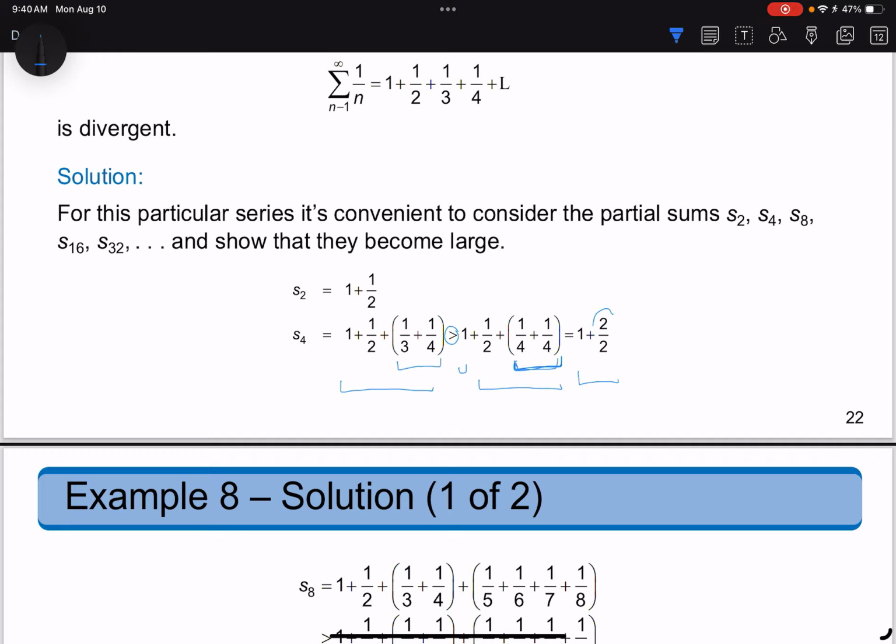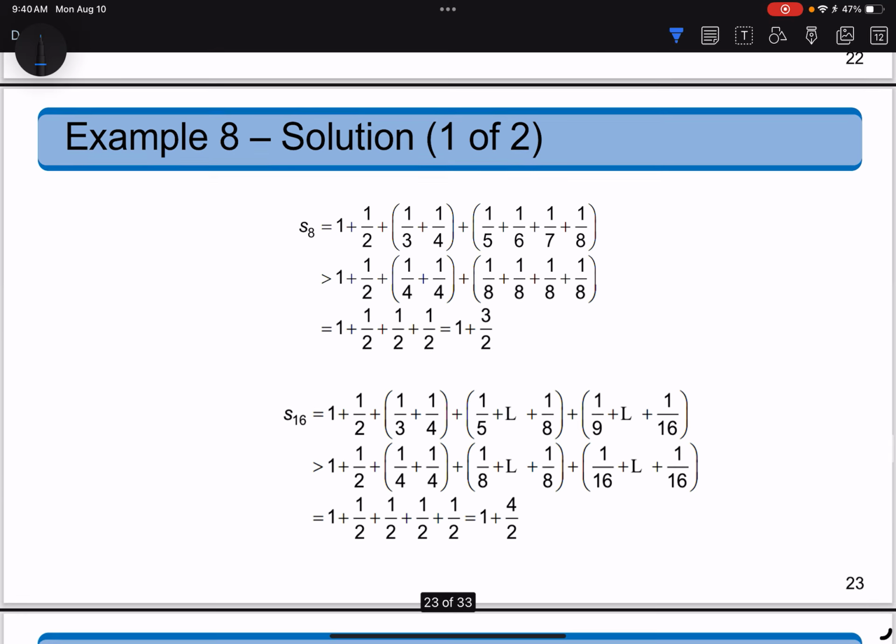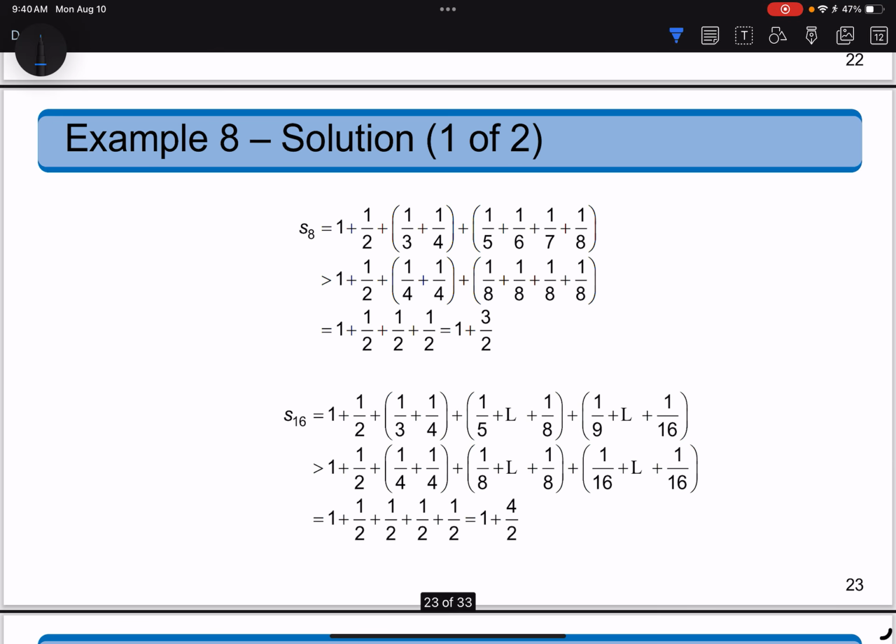So it is greater than 1 plus 1. For S sub 8, this would be 1 plus 1 half, plus 1 half, plus 1 half. So that would be 1 plus 3 halves.